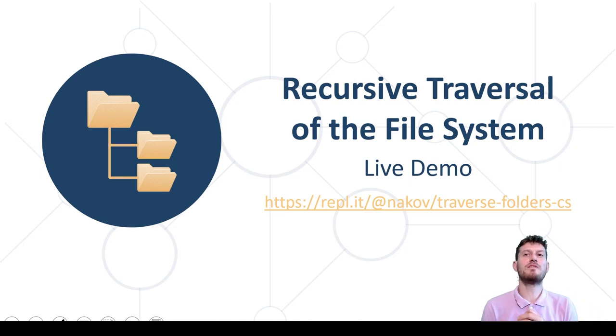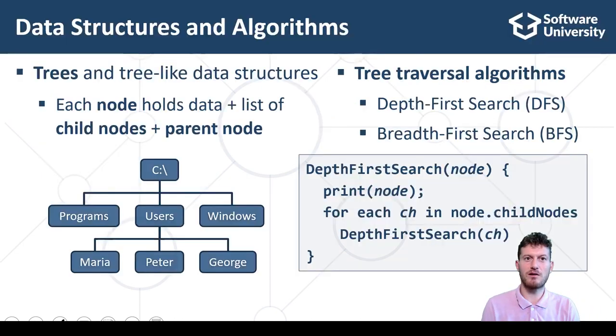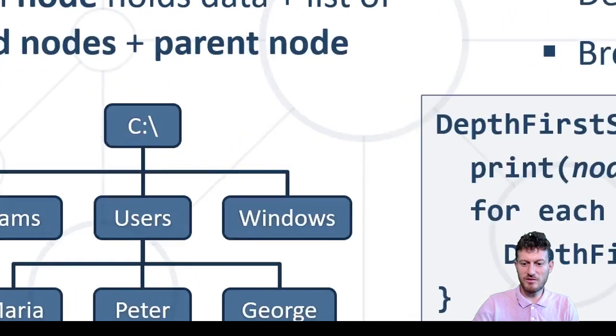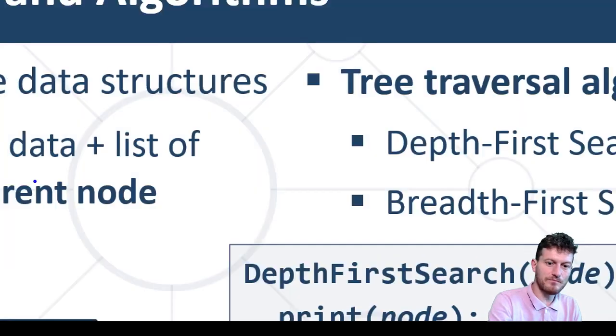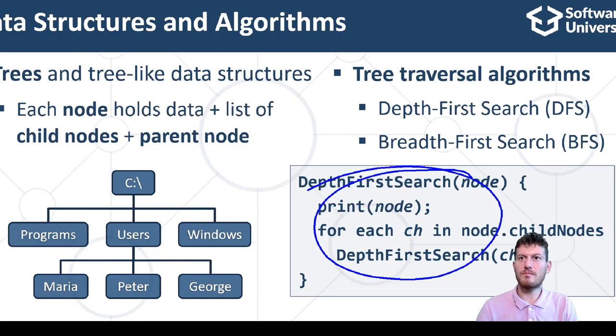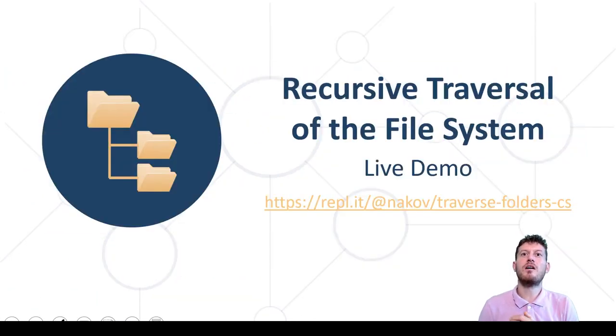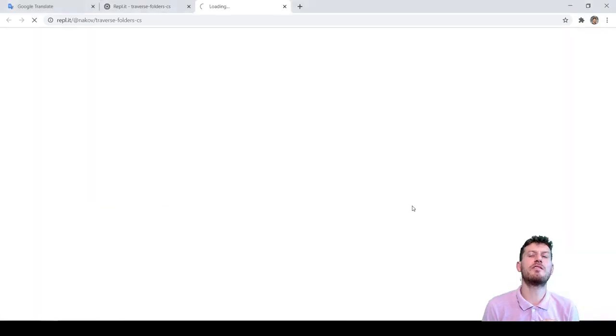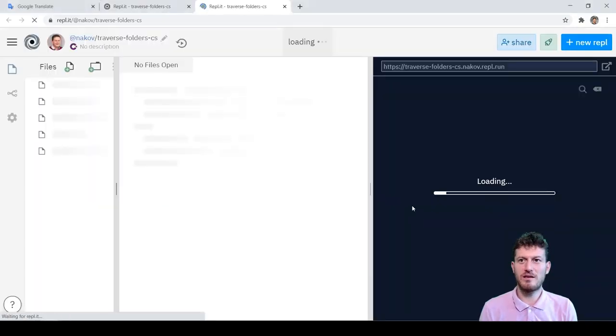This live example demonstrates the tree traversal algorithm, depth first search, DFS, used to traverse the local file system. Let's see it in action. We open the live code example at repl.it.